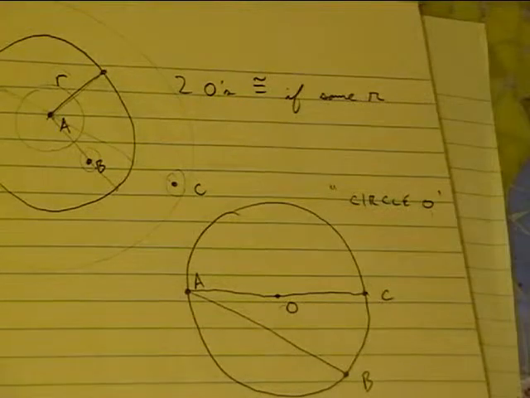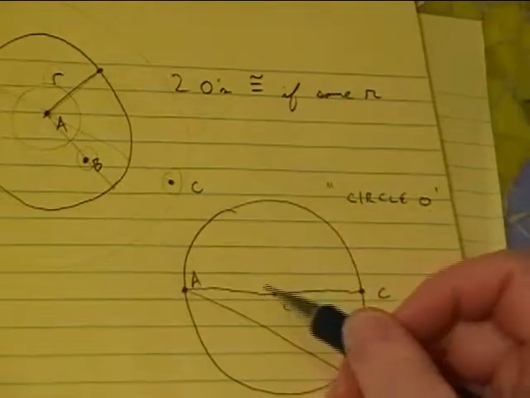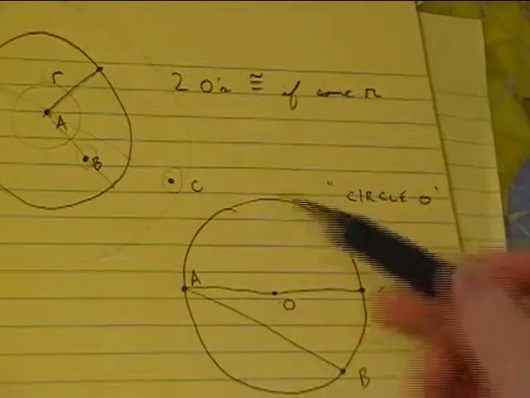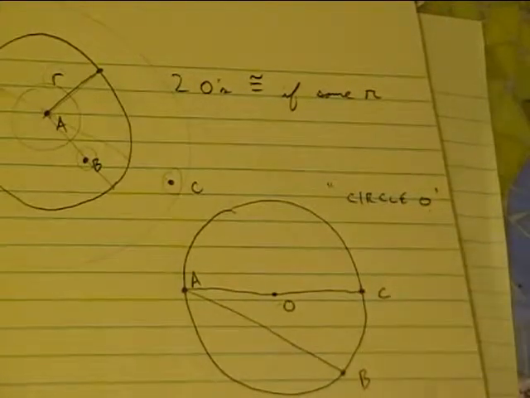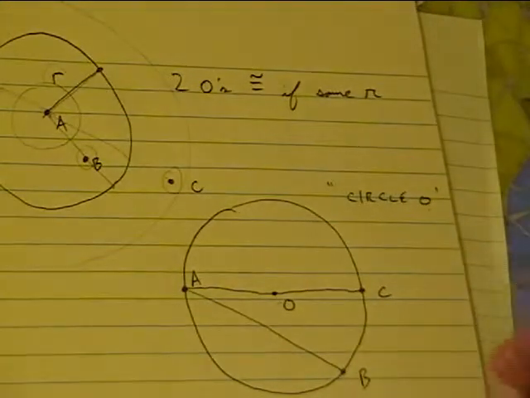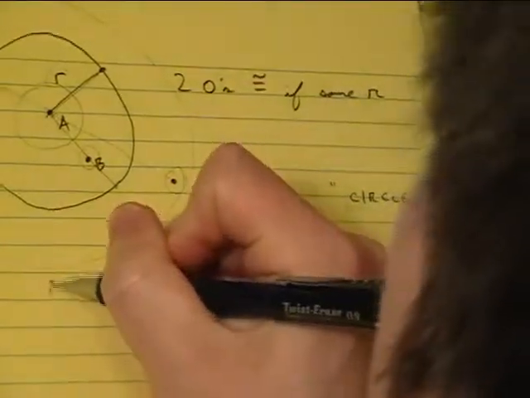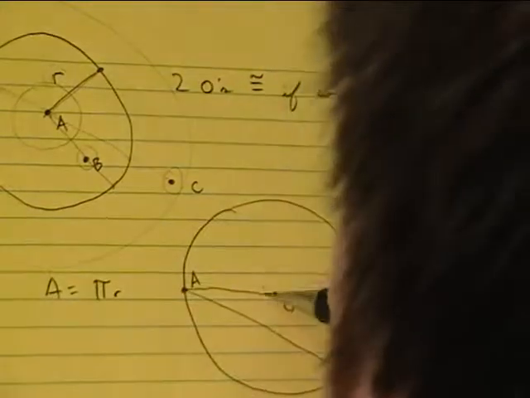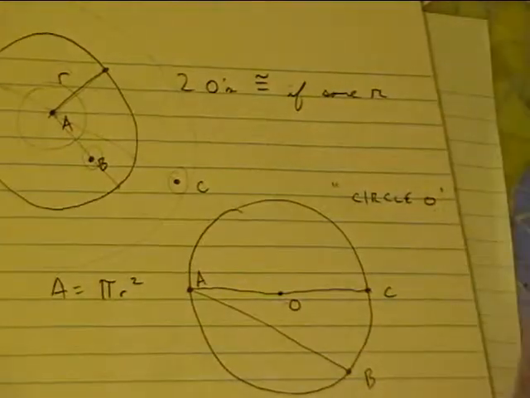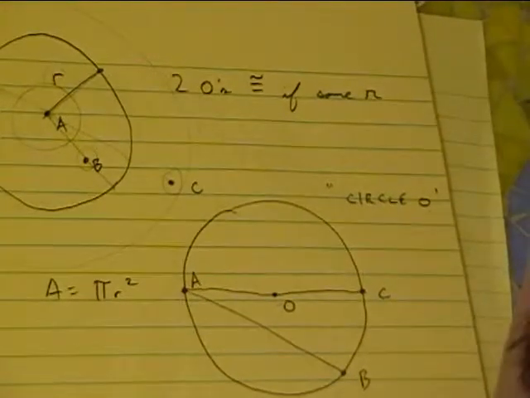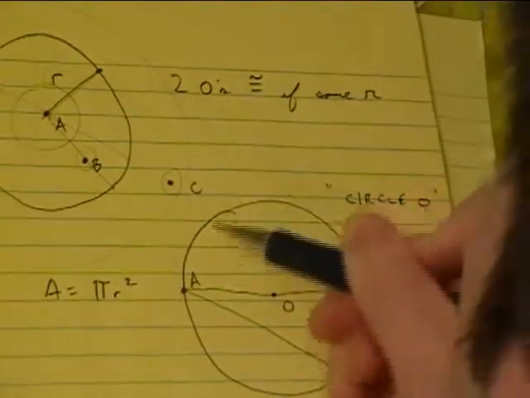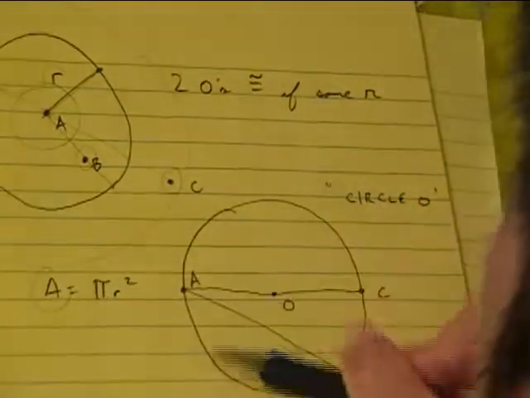All right. You also should know from pre-algebra that the area of a circle, which is a discovered truth in nature, can be found with area equals pi times the radius squared. I'm not going to go into that right now. And that the circumference, this distance around, so here we're talking about area, here we're talking about distance.